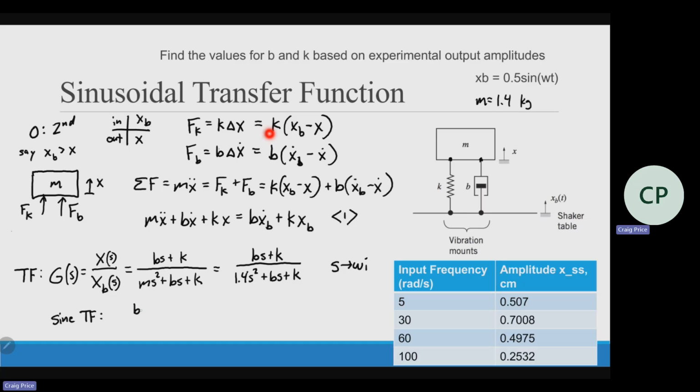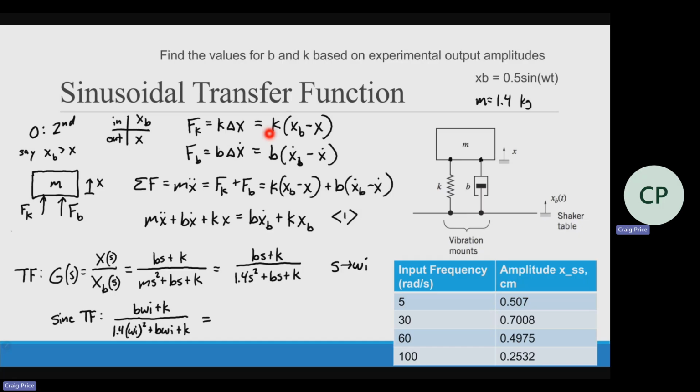So that would be B omega i plus K over 1.4 omega i squared plus B omega i plus K. So this would be our sinusoidal transfer function, which at different frequencies, we do see that these values change.